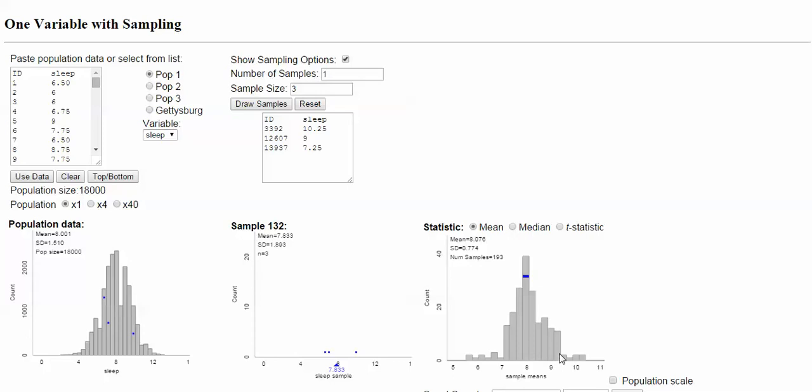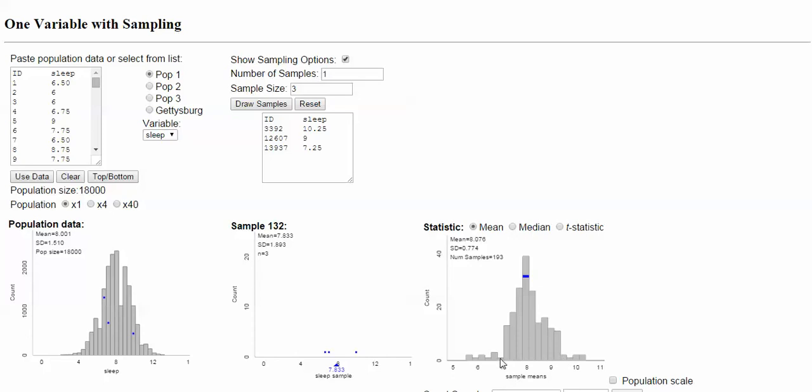In other words, most of the sample means have been at least fairly close to the population mean of 8 hours. Because here we can see that almost all of our sample means have fallen between 7 and about 9.